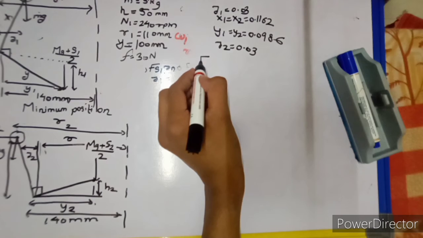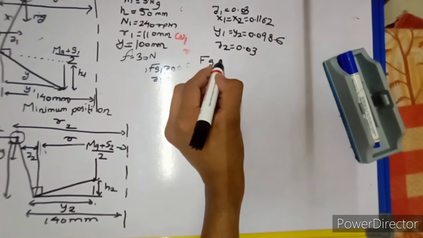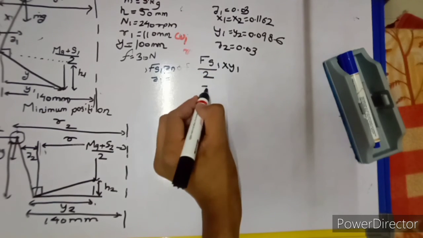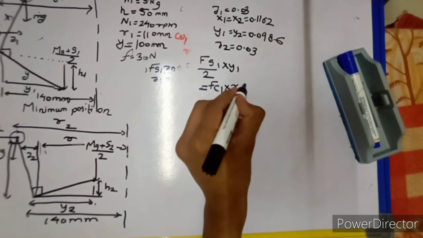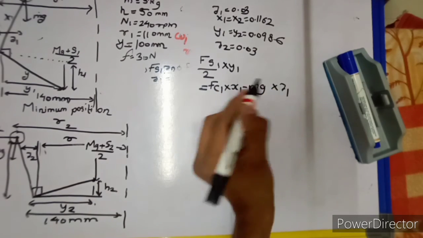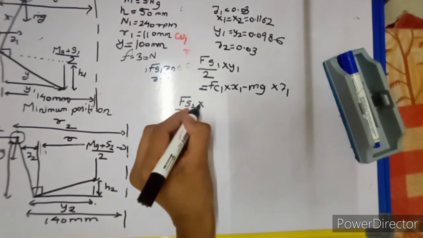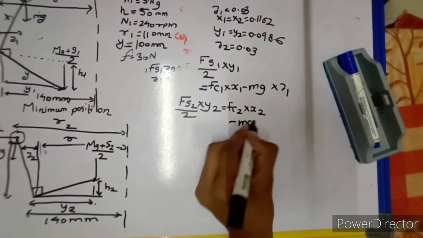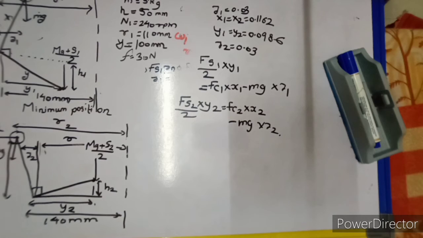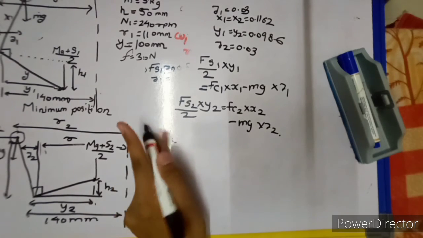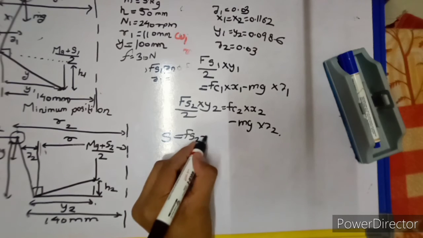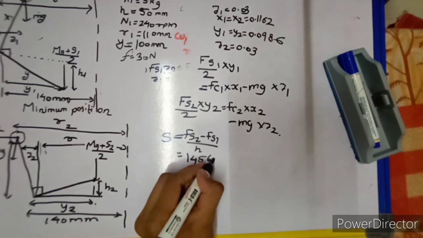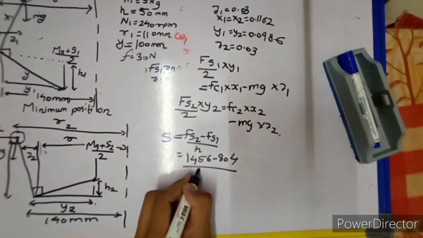So Fs1 upon 2 into y1 is equal to Fc1 into x1 minus mg into a1, and Fs2 upon 2 into y2 is equal to Fc2 into x2 minus mg into a2. Now substitute the values, you will get the correct answer. Then finally S equal to Fs2 minus Fs1 upon h, and Fs2 we get 1456 minus 804 upon h, that is 50.